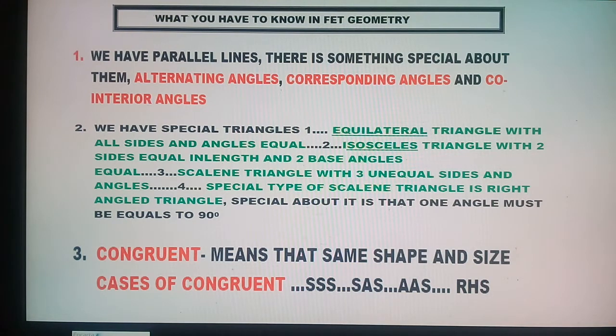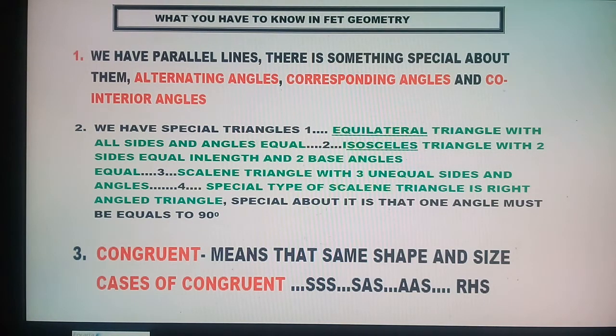Okay, number 3, we have to know the congruent. What is the meaning of congruent? It means the same shape and the same size. We are talking about congruent, and we have cases of congruent that are triple S, meaning if two triangles have these properties: side, side, side.